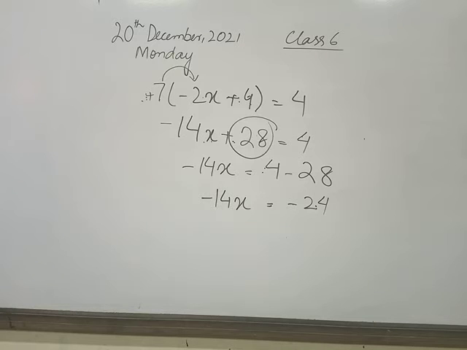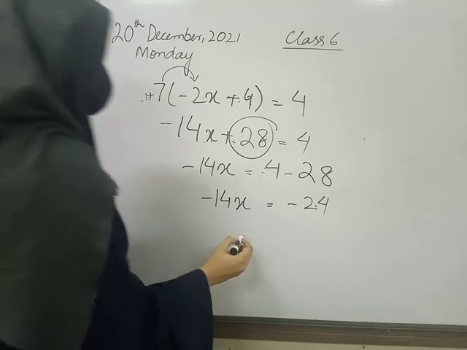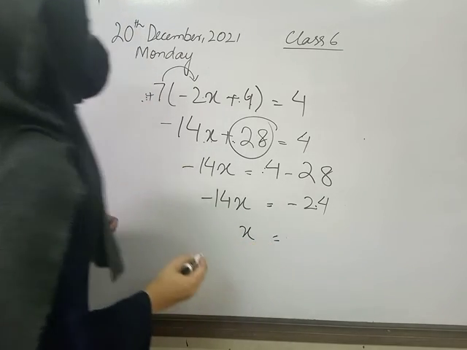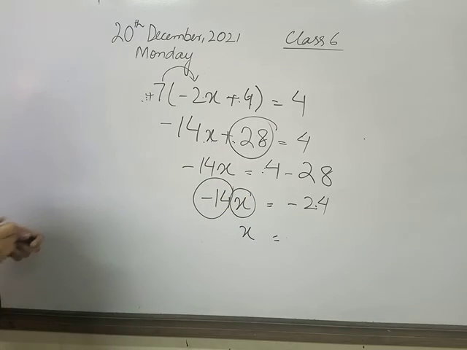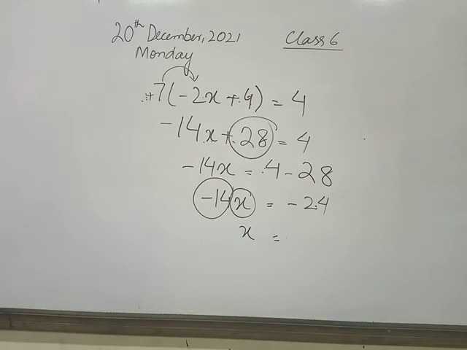So here we have minus with 28, so we will write minus with 24 in the next step. Now I am going to shift minus 14 to the other side because we want only the value of x, which is unknown here. Now who will tell me what is the relation between minus 14 and x? Yes, Amna, you tell me.